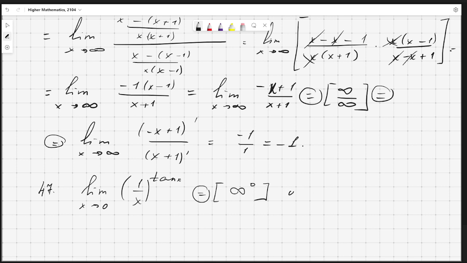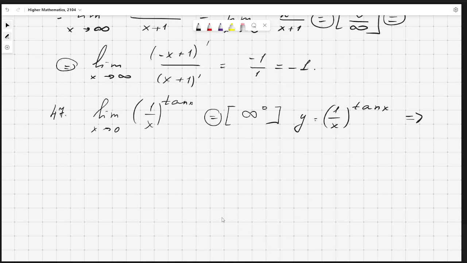Let y be 1 over x to the power of tangent of x. From this, natural logarithm of y equals tangent of x times natural logarithm of 1 over x.